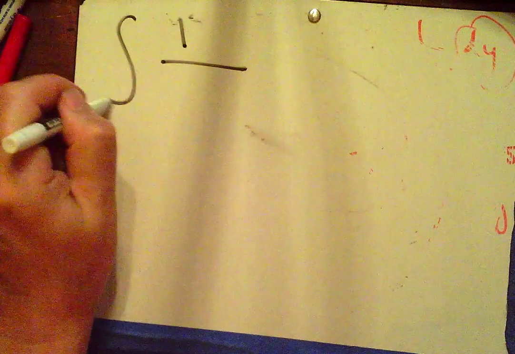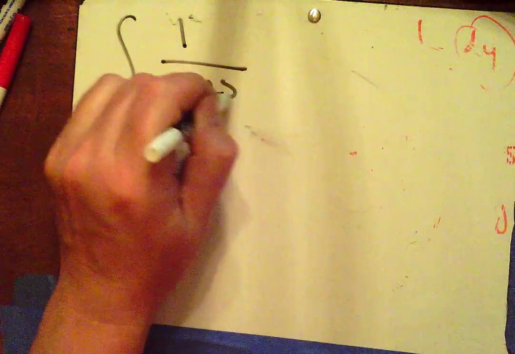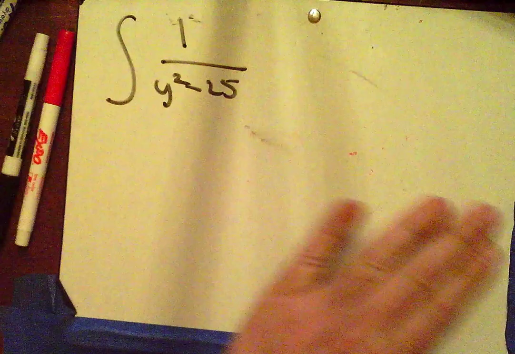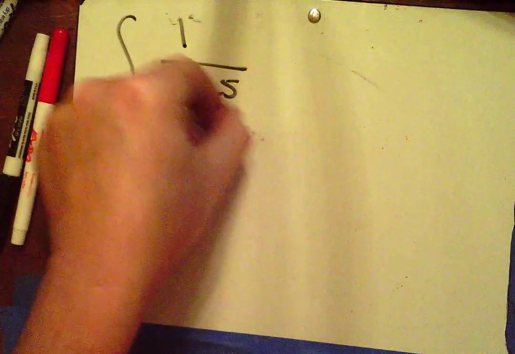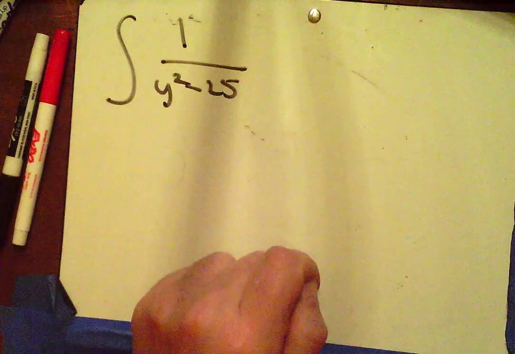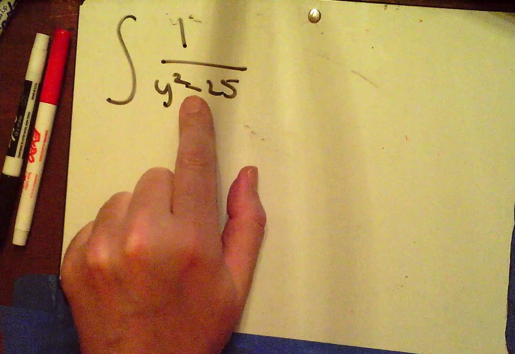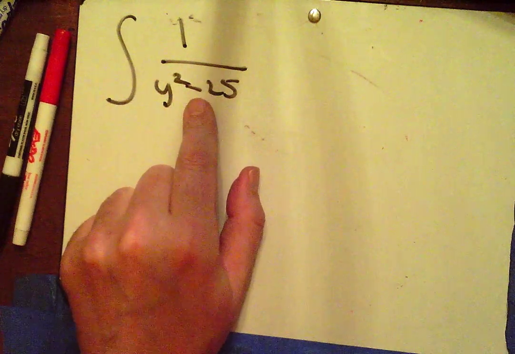Okay, but wait, that one could also be confused with this one, the integral of y squared minus 25. So, you know, the funny thing is, I'm not going to do inverse tangent here, because inverse tangent requires that to be a plus.